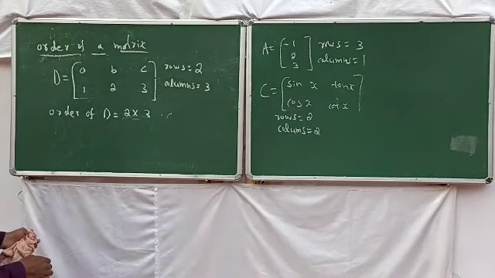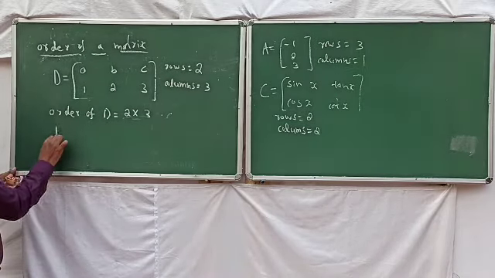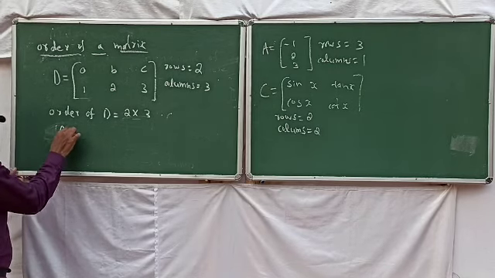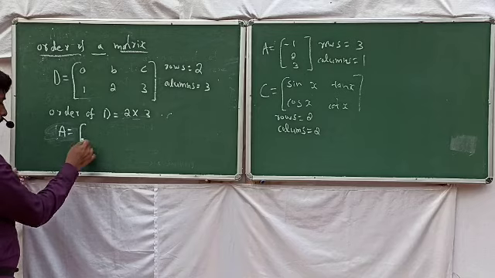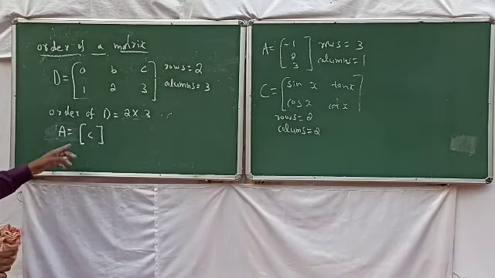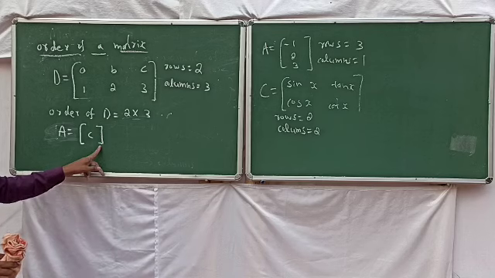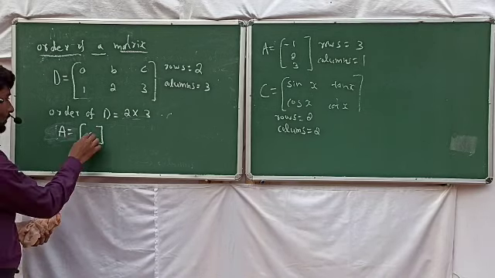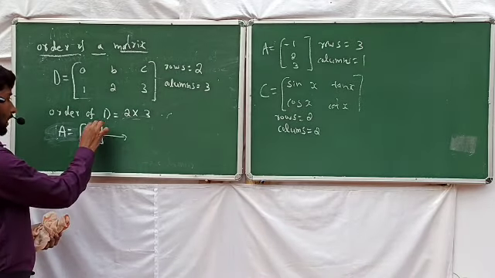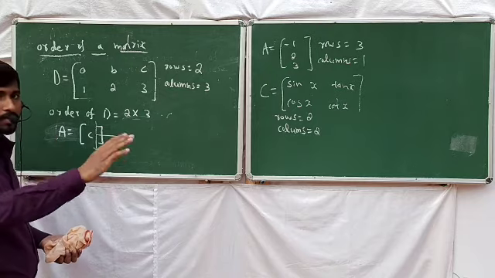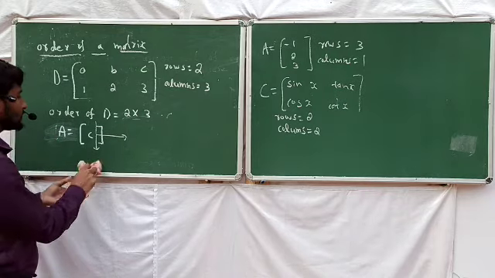Okay. Now consider one more matrix. A is equal to, I am taking only one number, suppose small letter c. The element of the matrix is equal to c. What is the order of this matrix? Observe, you can see one horizontal line as well as one vertical line. We know horizontal line means row, vertical line means column.